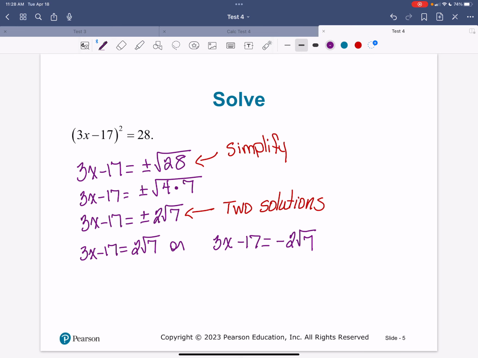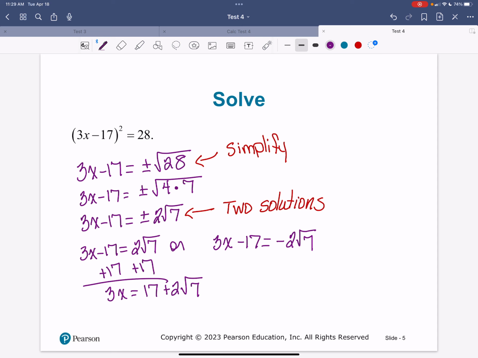I'm not done yet. I need to add 17 to both sides. So I have 3x equals 17 plus 2 times the square root of 7.